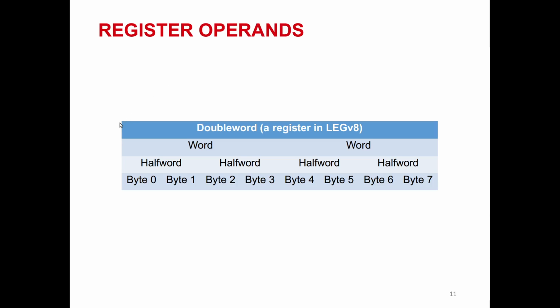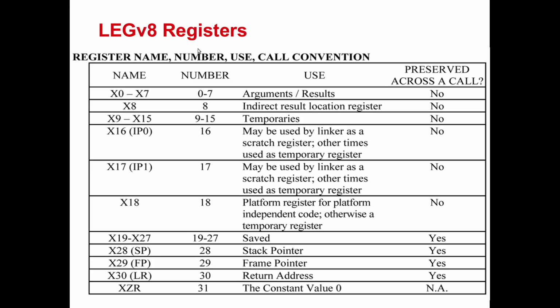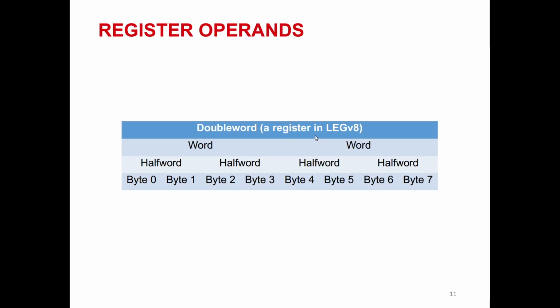Here are the register operands. As I said before, each register from X0 to X31 in your register file has 64 bits, or it is a double word. It can be divided into two words like this, or into 4 half words.